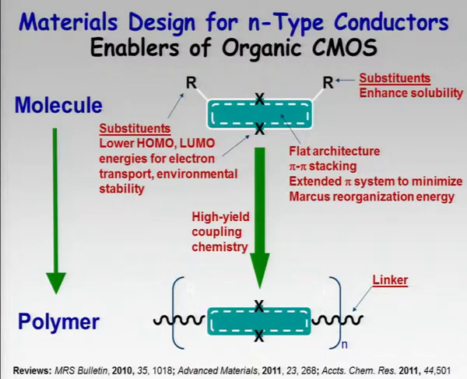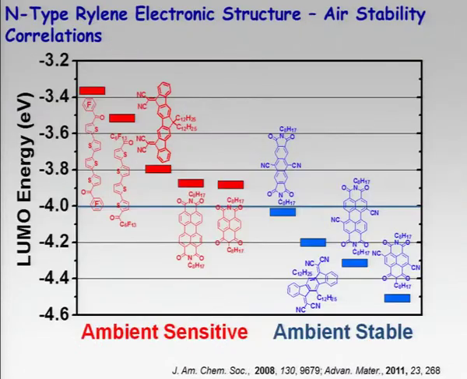We want electron-withdrawing substituents, which drop the energies of the HOMOs and LUMOs. As we get better at making the building blocks, which you'll see are interesting molecules in themselves, we're then going to connect them and make polymers for processability. So I'll give you a brief overview of some of the latest results.